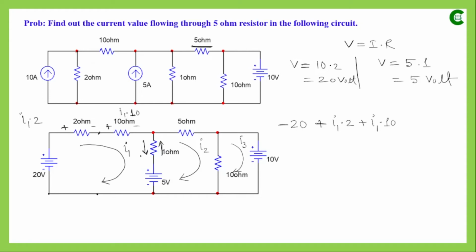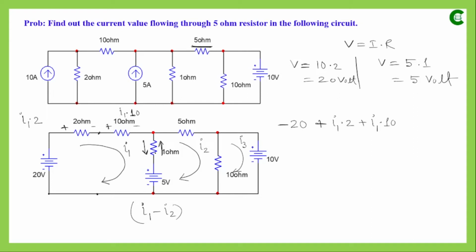So net current, since we are now analyzing the first loop, will be I1 minus I2. We have to remember, when we have a common component between two loops or meshes, the current flowing through that particular component will not be only the one current associated with one loop; it will be the resultant of the currents flowing in both the loops.